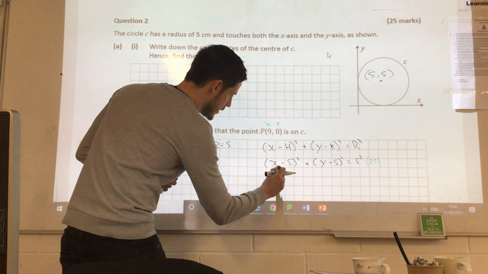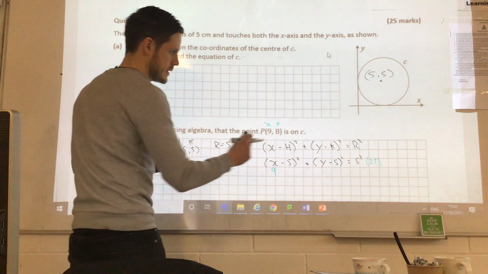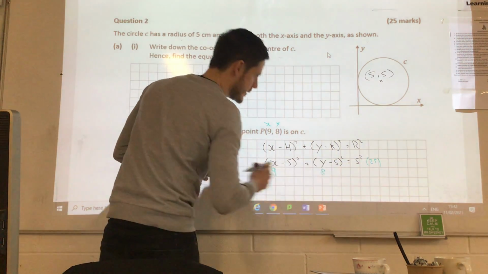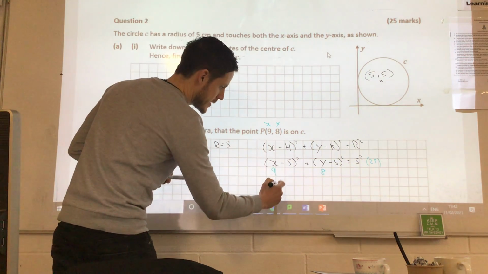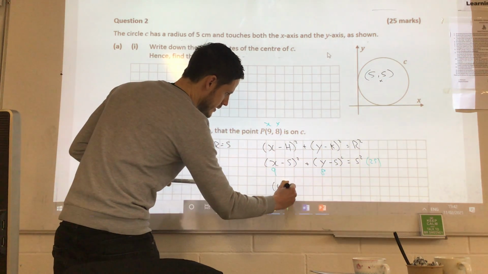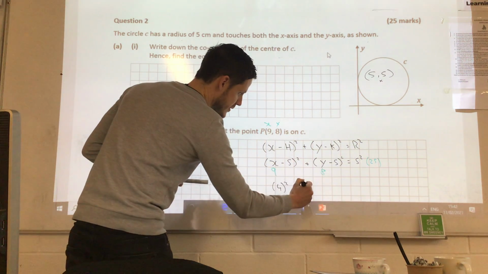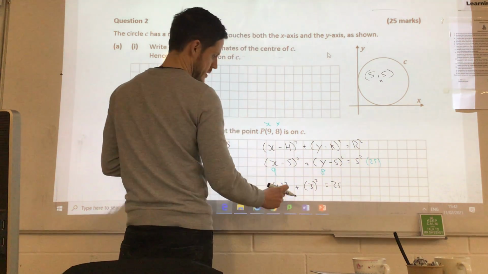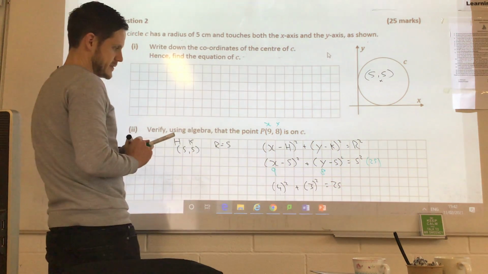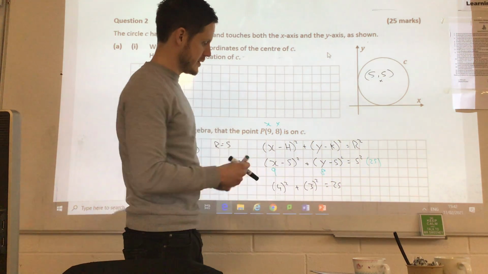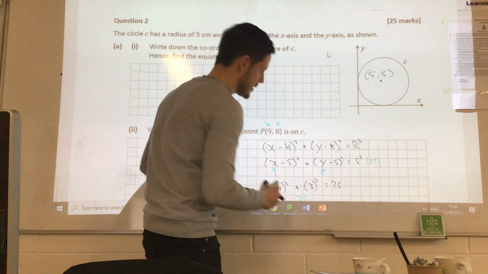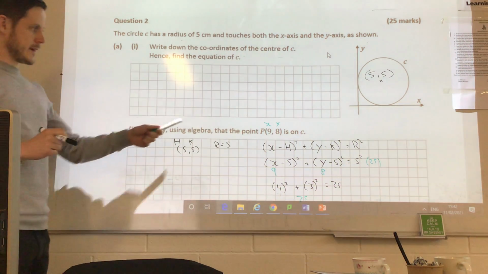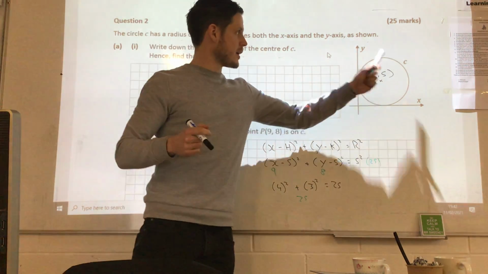So if I do 9 minus 5 squared, and I do 8 minus 5 squared. So 9 minus 5 squared gives me 4 squared, plus 8 minus 5 squared gives me 3 squared. Is that equal to 25? 4 squared plus 3 squared, well, 16 plus 9 gives me 25, and 25 is equal to 25. So I know that that point lies somewhere on this circle here.